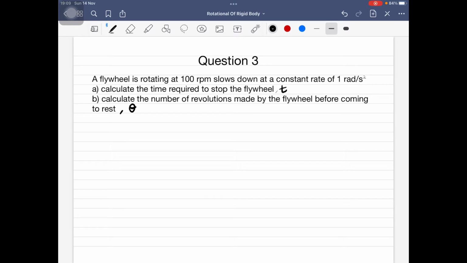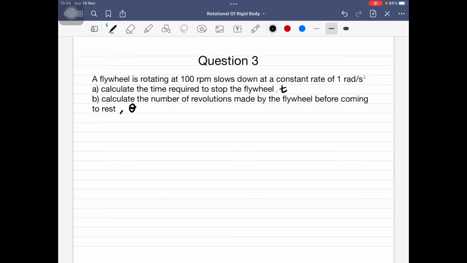But before we answer the question, we need to look at the infos that are given and make sure that they share the same unit. What I mean by that is, if you see over here, the initial angular speed is recorded in revolutions per minute, while this one, radian per second squared, is your angular acceleration.